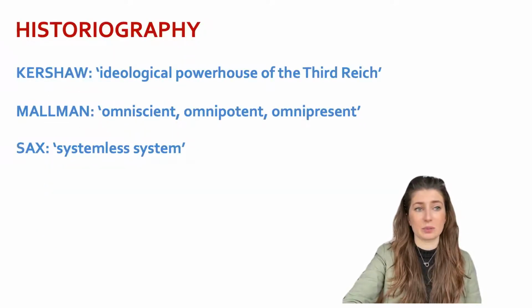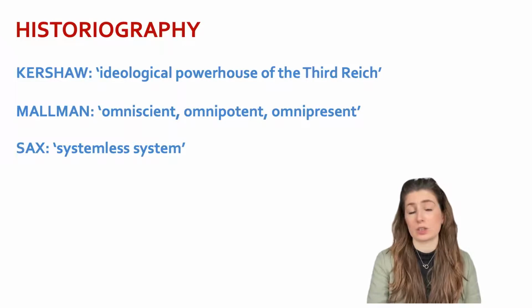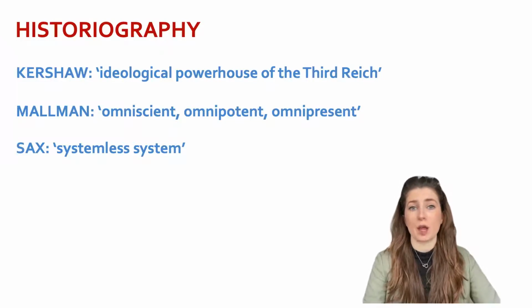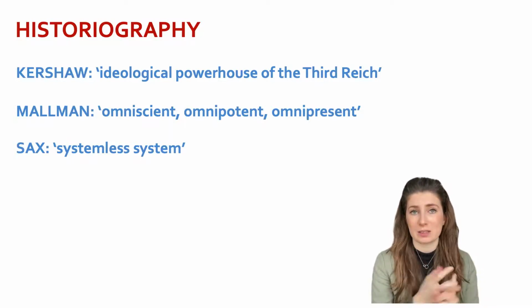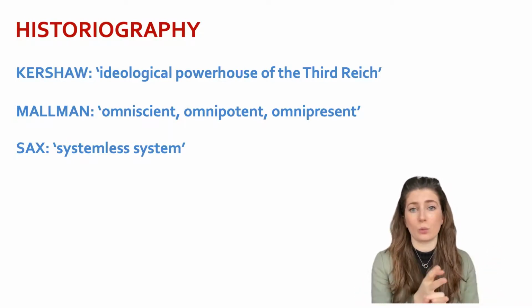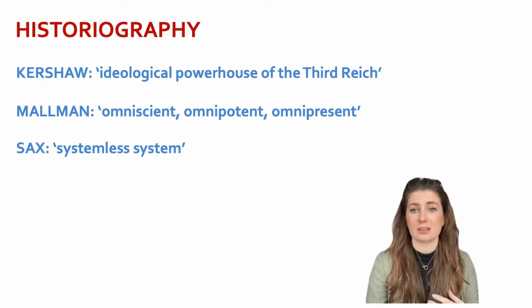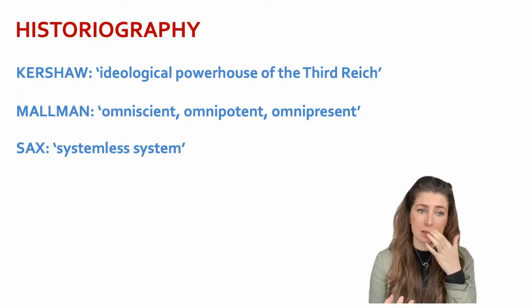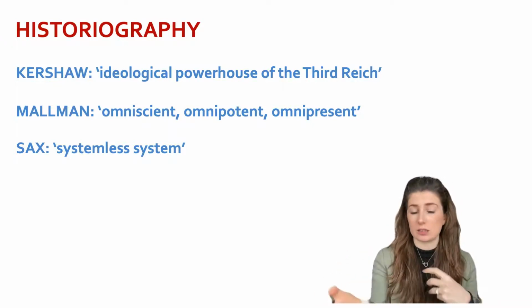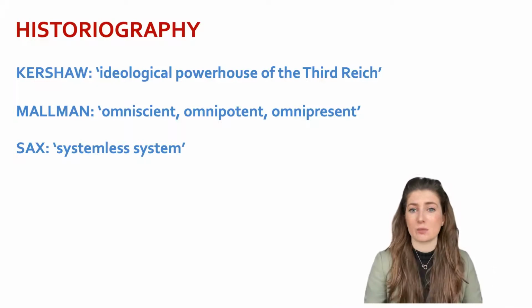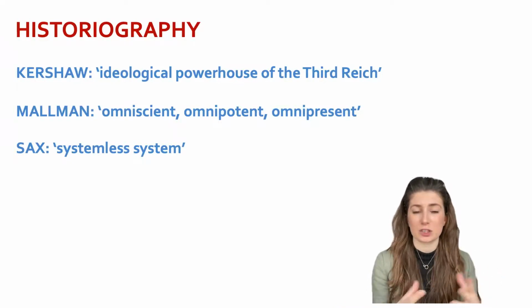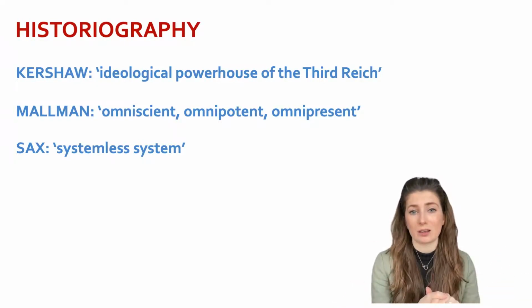Now, in terms of some key historiography to describe the police force, Malman describes it as omniscient, omnipotent, and omnipresent: all-knowing, all-powerful, everywhere. Kershaw describes it as the ideological powerhouse of the Third Reich, but he also says that the merge of the Gestapo with the SS created the most powerful agency of repression, merging with the most dynamic ideological force in the Nazi movement.